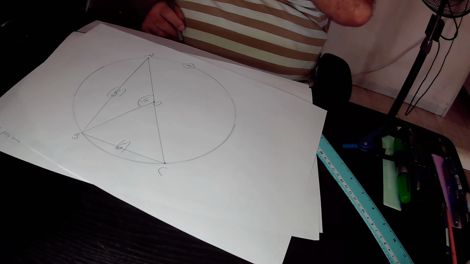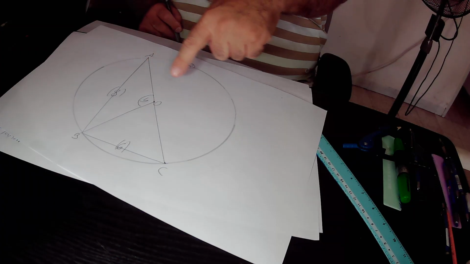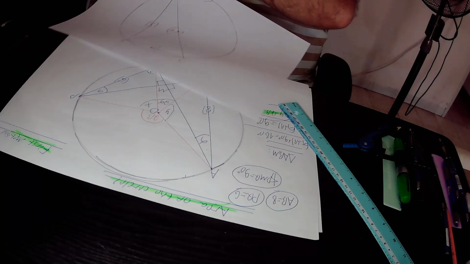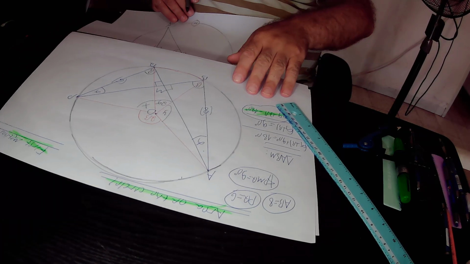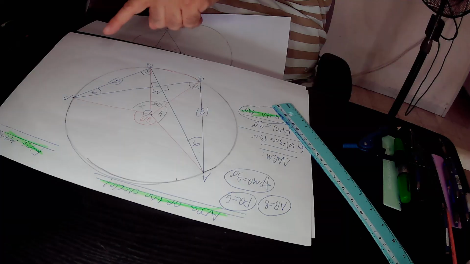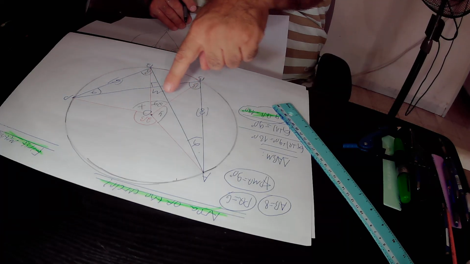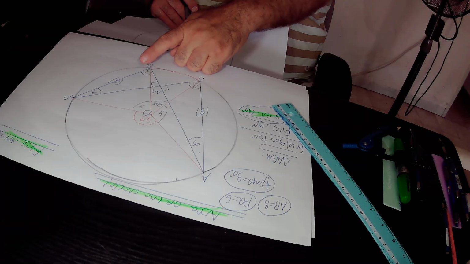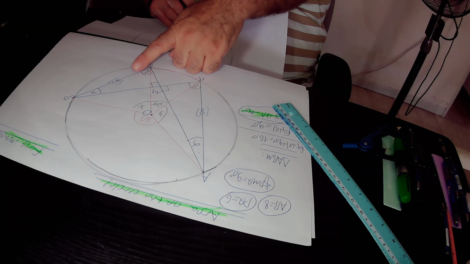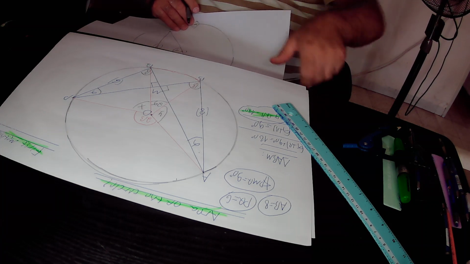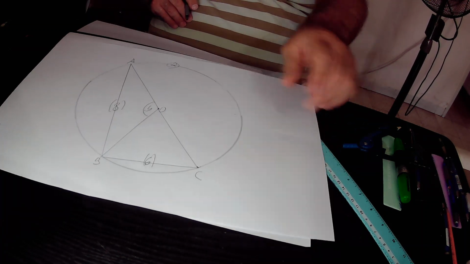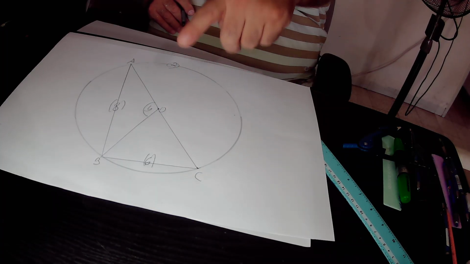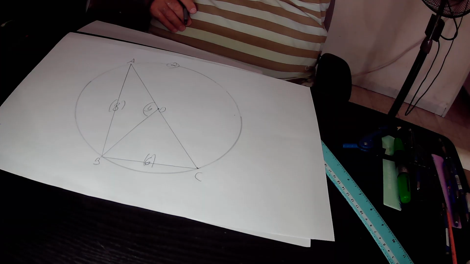Why? Because in our drawing we have center triangle BOC that subtends a chord equal to 6 units in its length. In our original drawing we have center triangle POQ. This is center triangle POQ that also subtends chord PQ that is equal to 6 units in its length, exactly like this center triangle BOC that subtends a chord equal to 6 units in its length.